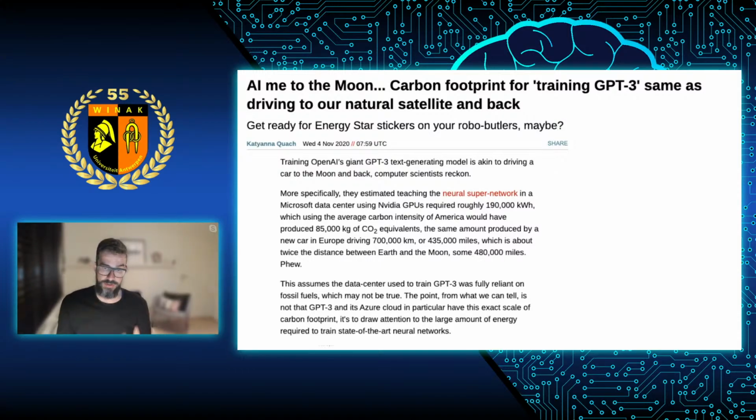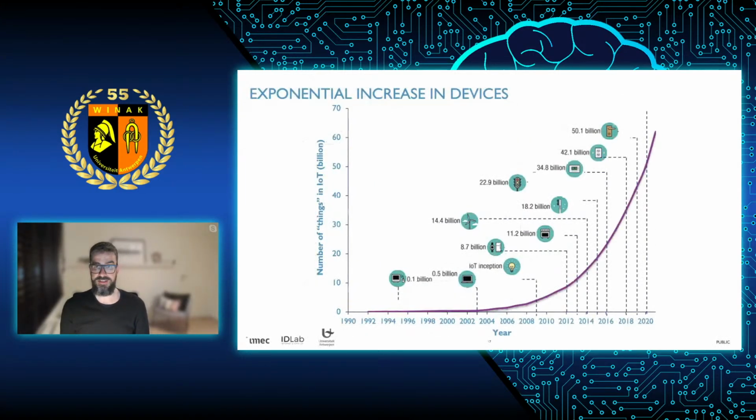But it's also a problem from an application point of view, because we have a separate trend in the last few years, which is called the Internet of Things. That trend is going towards more and more distribution as well. If you look at how the internet is evolving, we're getting an exponential increase in the number of devices that we connect to it.